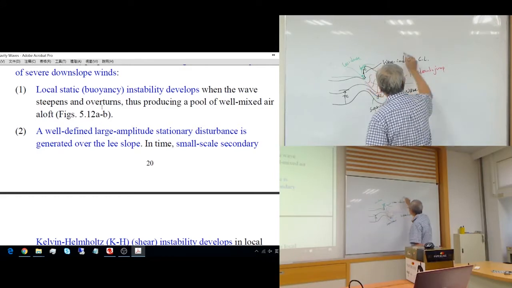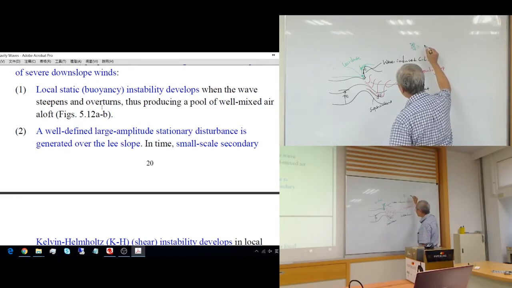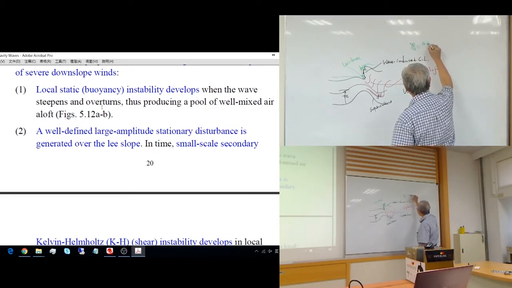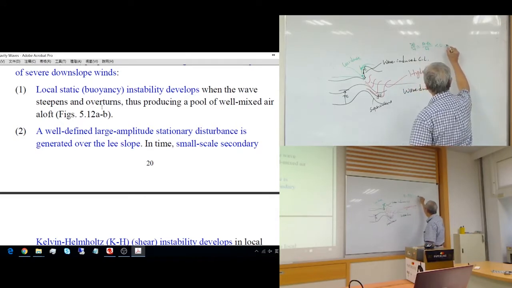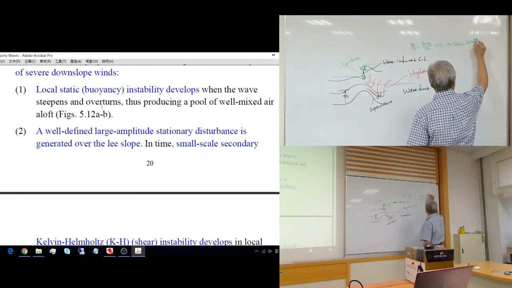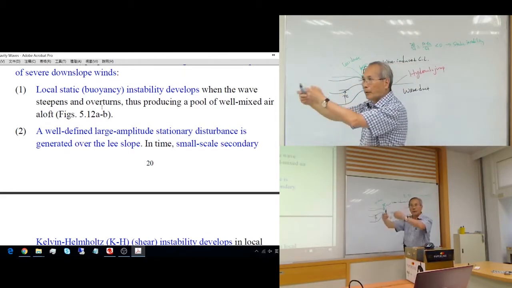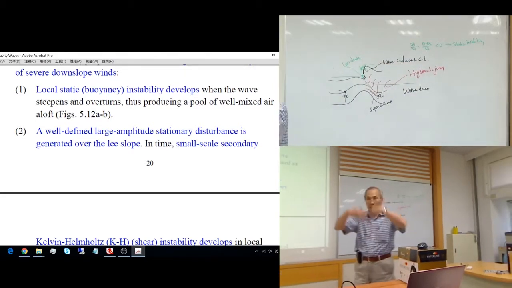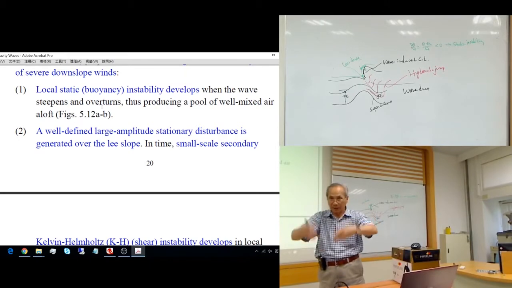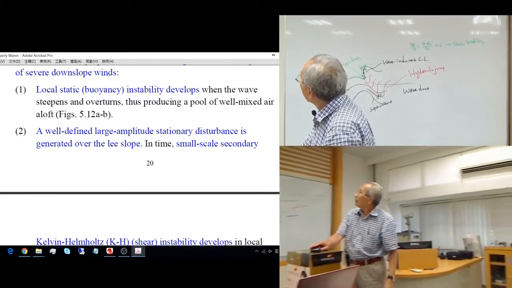Then your d theta, dz is approximately equal to theta 1 minus theta 2 divided by delta z, and this is less than 0, which means we have static instability. Then you get instability, mixing, and turbulence comes in. So this is the first stage.